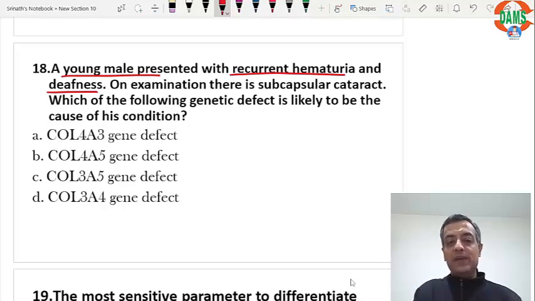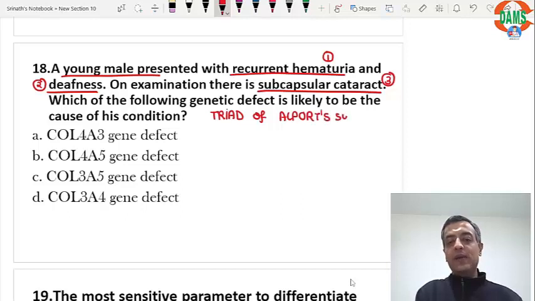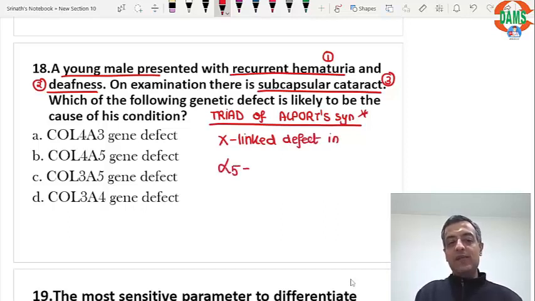Whenever you think of hematuria, deafness and lens defect, cataract, this is the triad of Alport's syndrome, which is an X-linked defect, most commonly in the alpha 5 subunit of type 4 collagen.